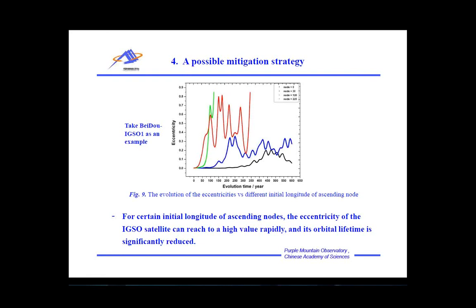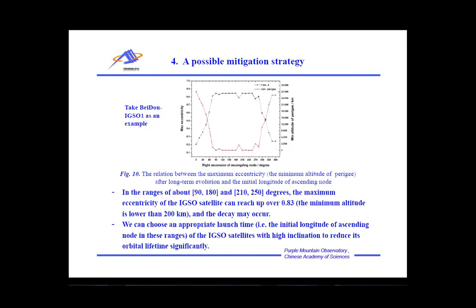From this figure, we can see for a certain initial longitude of ascending node, the red one and the blue one at 120, the eccentricity of the IGSO satellite can reach a higher value rapidly, in less than 100 years. And at this time, its orbit lifetime is significantly reduced.